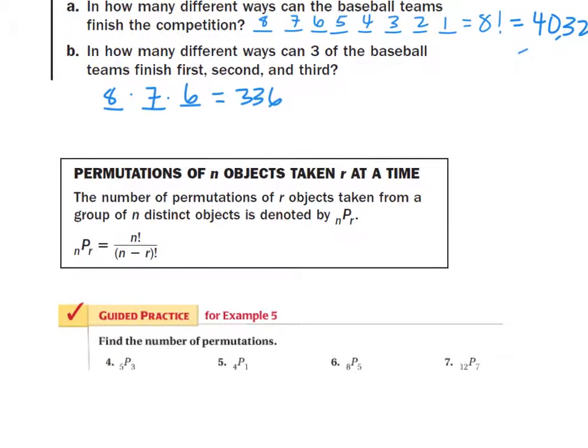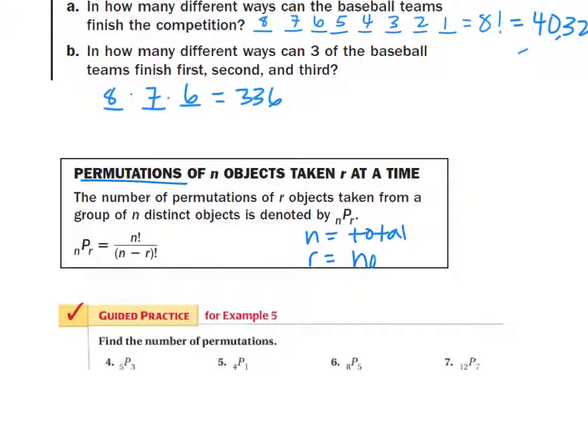All right, so there is a formula for what we just did there with, we had 8 teams, but we only picked 3 of them, and that is this permutation formula we see in the box. So N, the letter N, is talking about how many total things we're putting in different orders. R is how many spots there are.